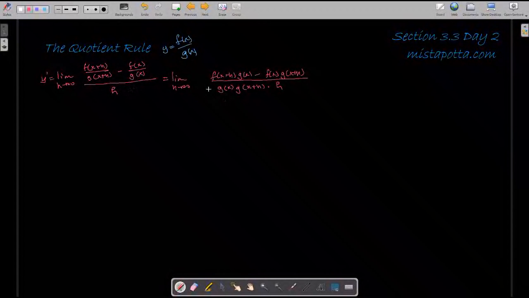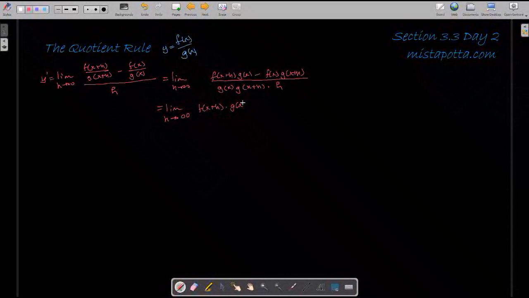And as we did before, I'm going to rewrite this limit with a bit of a gap in it, because I'm going to add a clever form of 0. So I've got f of x plus h times g of x.